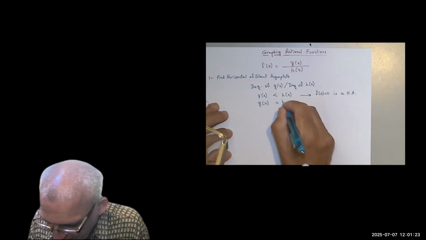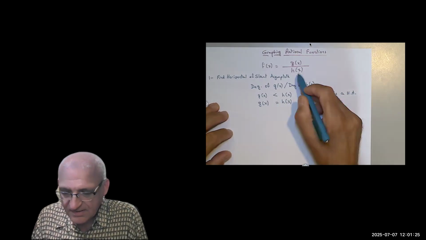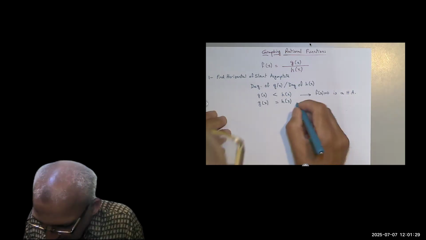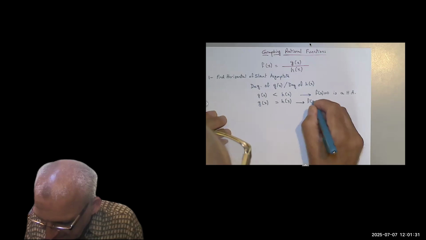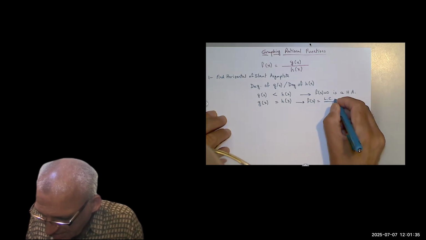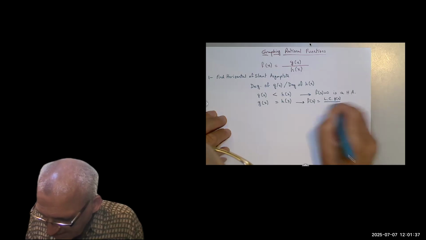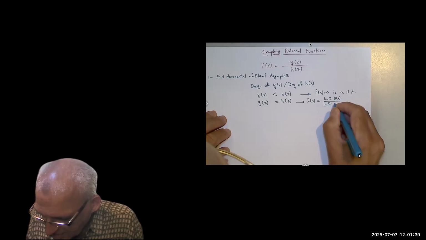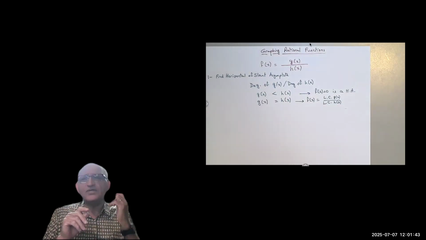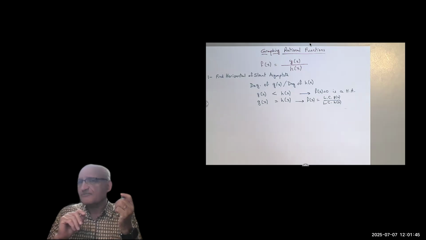If the degree of g of x equals the degree of h of x, so in the first case the bottom was higher than the top, here they are equal, then f of x equals the leading coefficient of g of x divided by the leading coefficient of h of x. What is that leading coefficient? Where did I hear this term before?